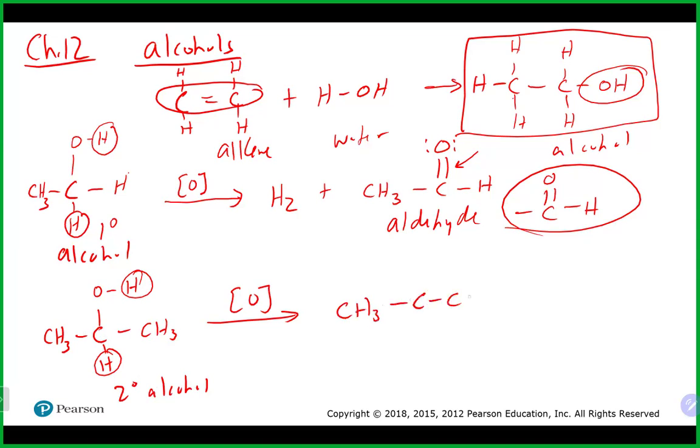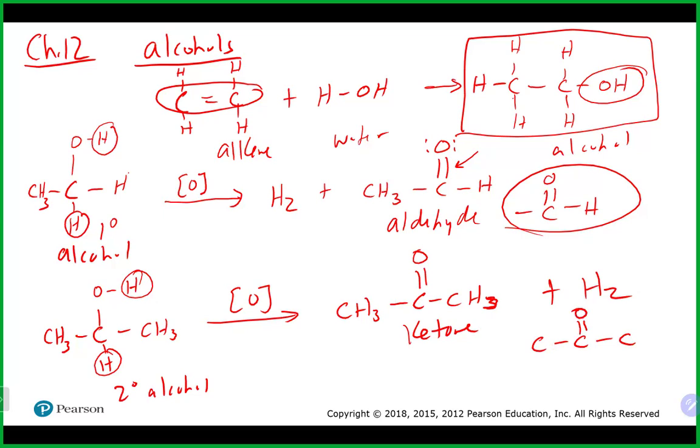Everything stays the same, except here we do need to put our double bond in between our carbon and oxygen. This will also give us H2 coming off. This gives us a ketone. So if you oxidize a secondary alcohol, you will get a ketone, which has the functional group of 3 carbons in a row and a double bonded oxygen in the middle.